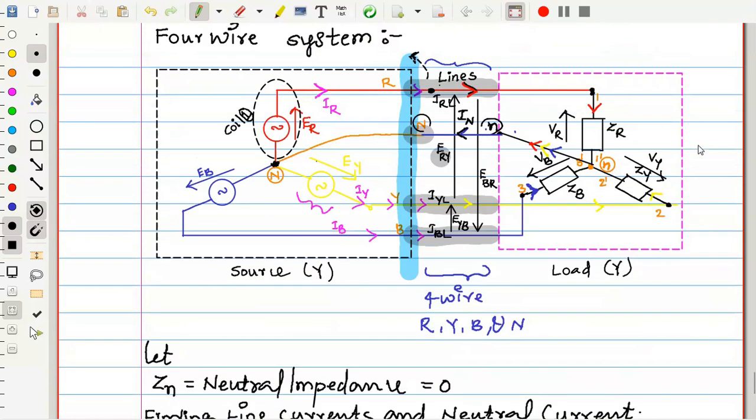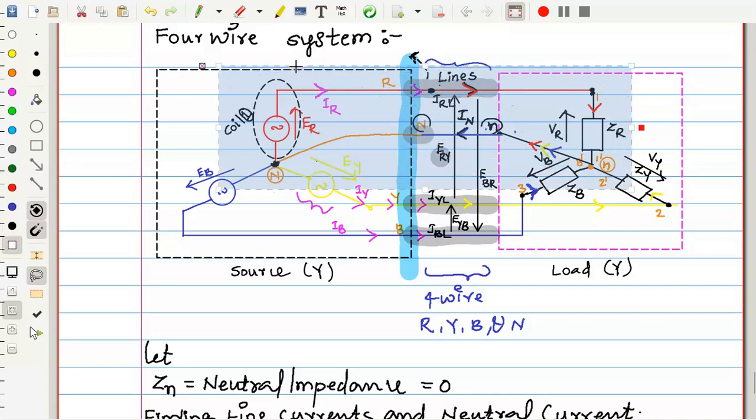Next, you should observe the diagram very carefully. Let me take some portion of the diagram that gives you an important observation. What I am considering is that only the R phase and the neutral wire through this combination.